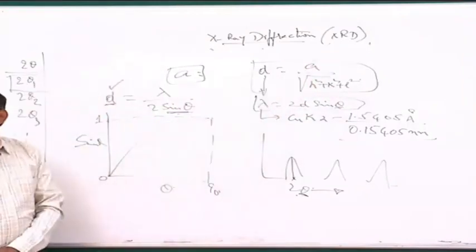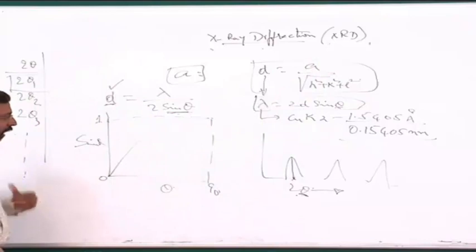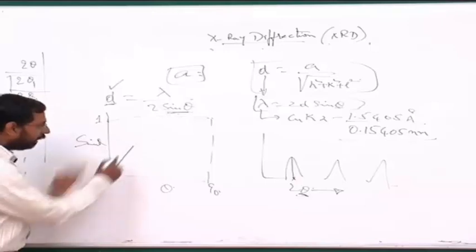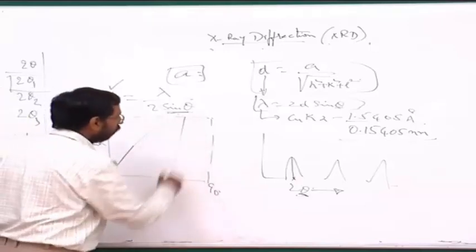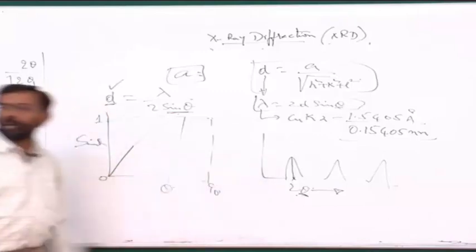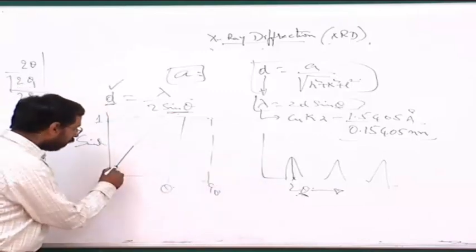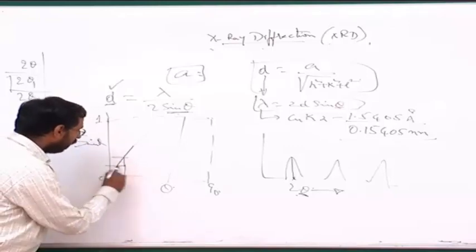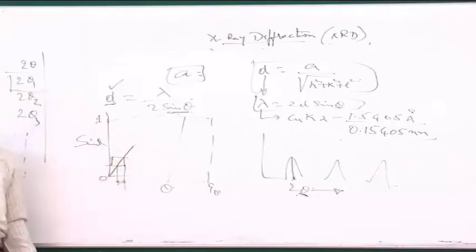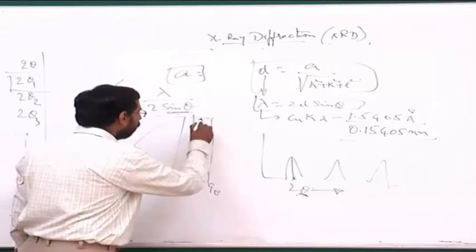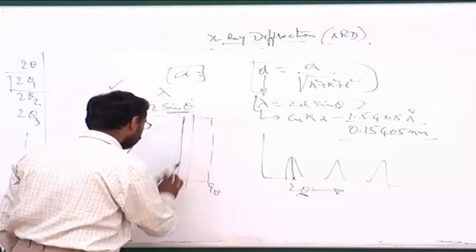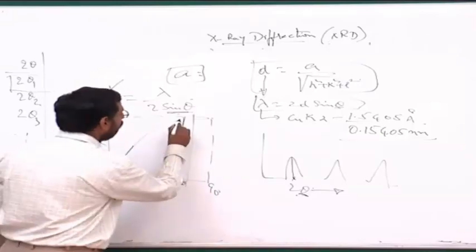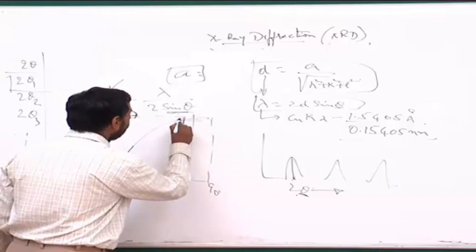And if you have an error in D, if you put this into this equation, you will have an error in A. And if you look at these errors carefully, you will see that this particular plot is steeper in the initial domain when compared to this region, which is closer to 90 degrees. So at this domain, a small error in theta will cause a larger error in sine theta when compared to somewhere here, where if I use the same delta theta, the error in sine theta is smaller.